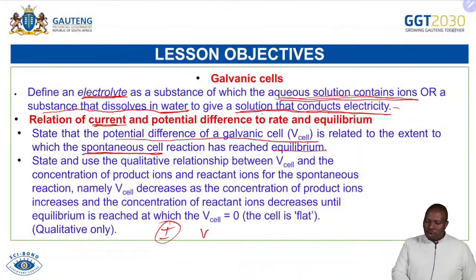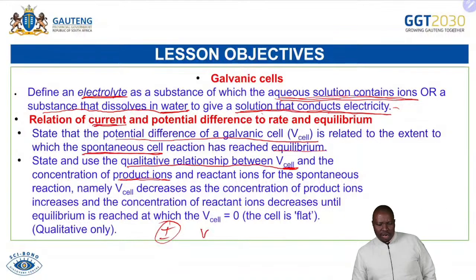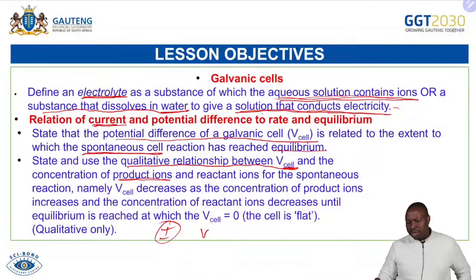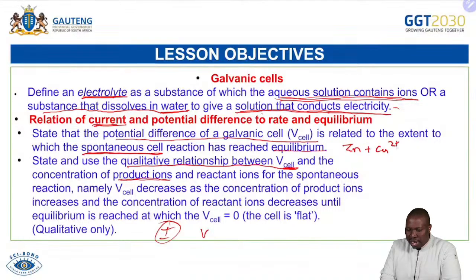And we're saying we're going to state and use the qualitative relationship between V cell, the EMF of the cell, and the concentration of product ions. Let me demonstrate for you. For a reaction to take place, let's say we're having this reaction, zinc and copper 2 plus, reacting to form zinc 2 plus and copper. So in our reactants, we're having zinc and copper 2 plus.